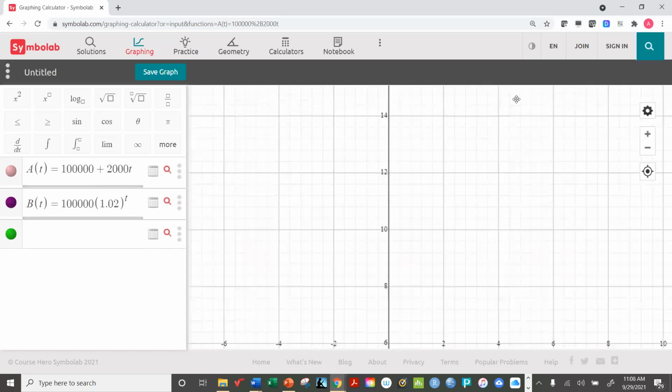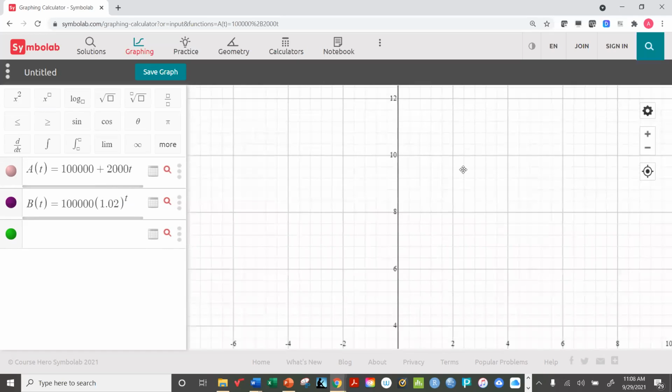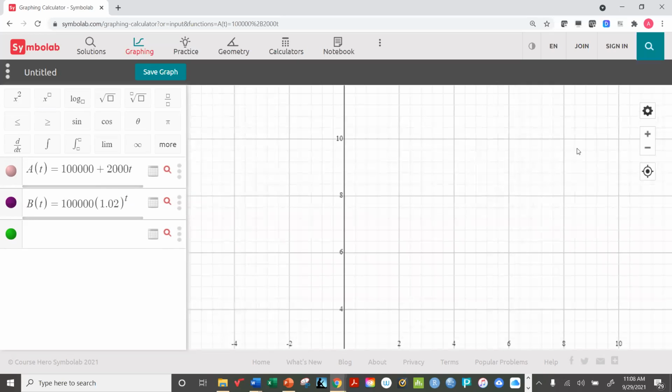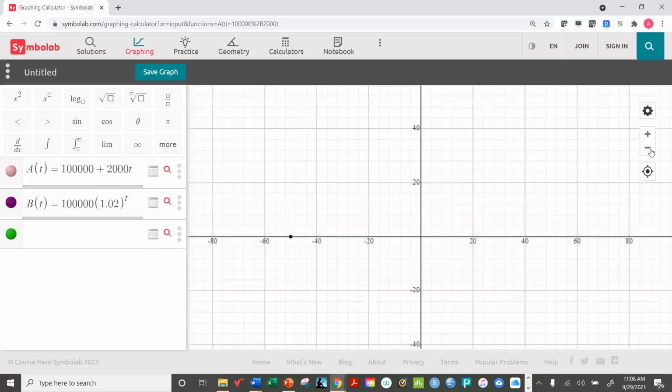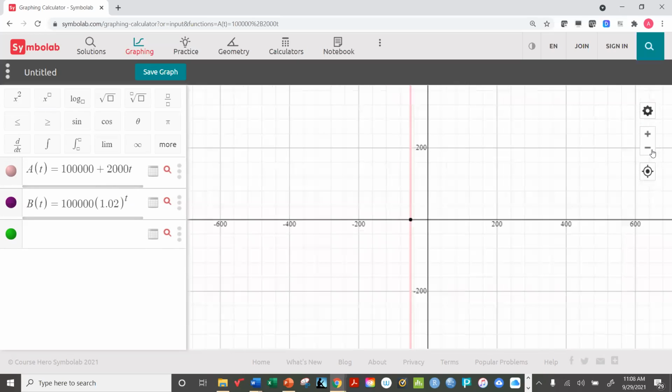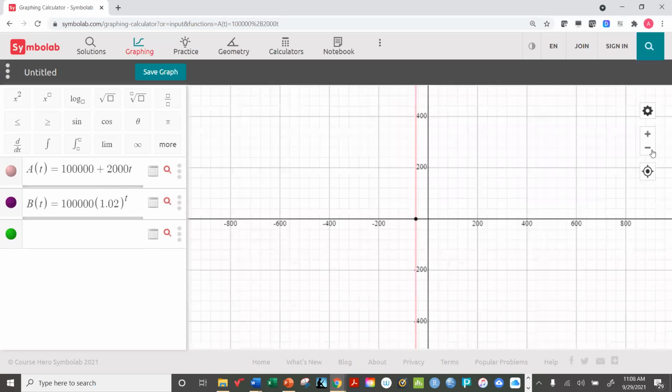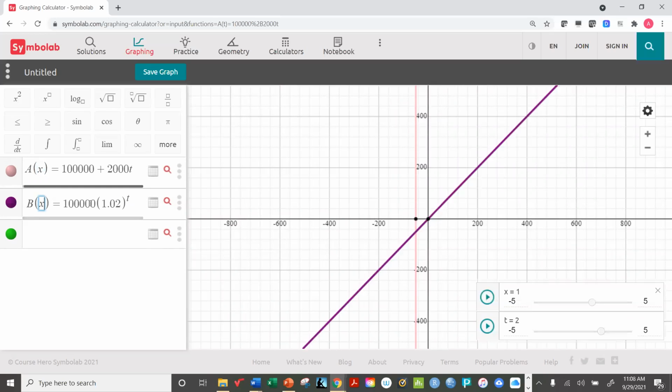Oh no, don't let me down, Symbolab. I think I'm confusing it by calling it T. Okay. That's good to know. All right. Now it's happy.